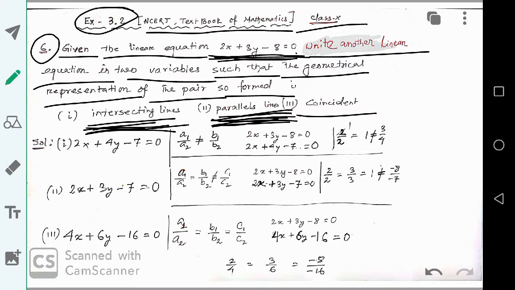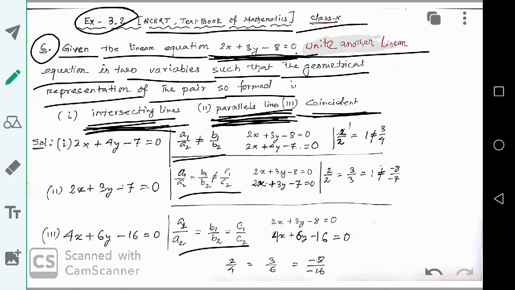Then we have to give another equation whose graph and the graph of the given equation are coincident. In order to solve this question, we must know the conditions to be intersecting, parallel and coincident.